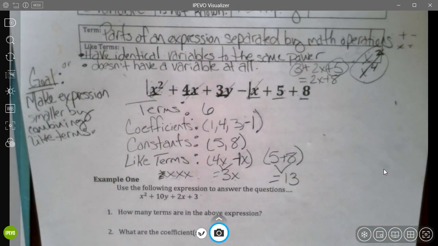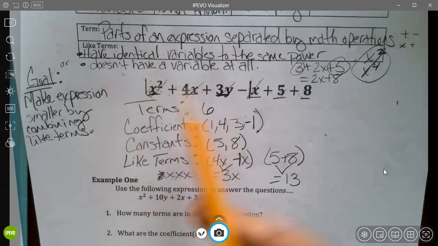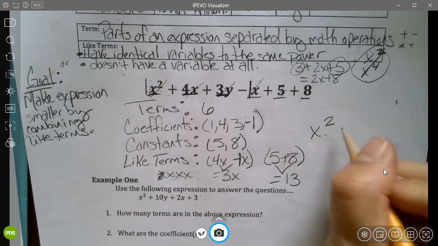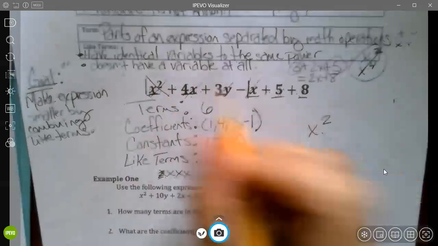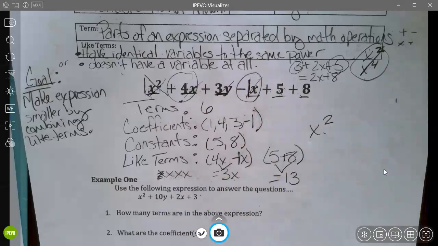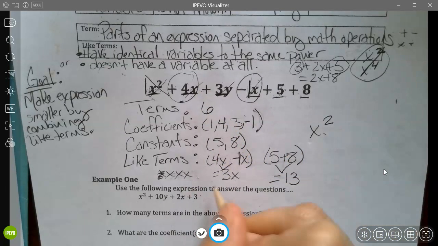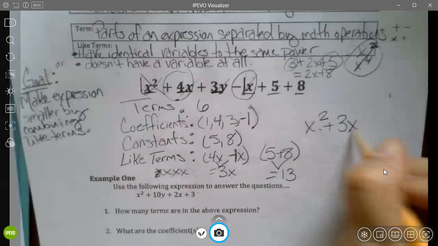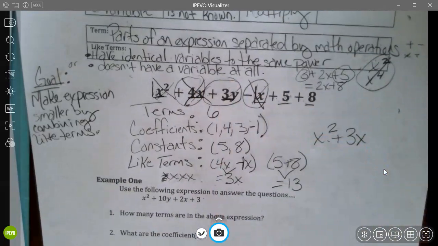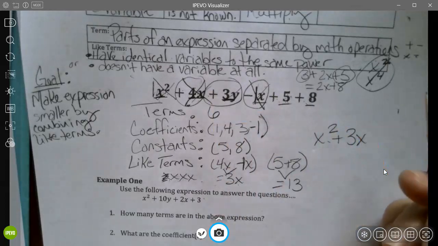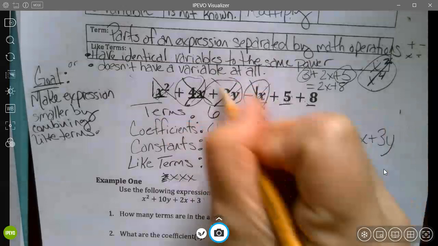And now when I rewrite it, remember this didn't have a like term. So I'd write x squared, and then I combined my x to the first power, and I got a positive 3x, so plus 3x. My y did not have a like term, so I would just write a positive 3y.